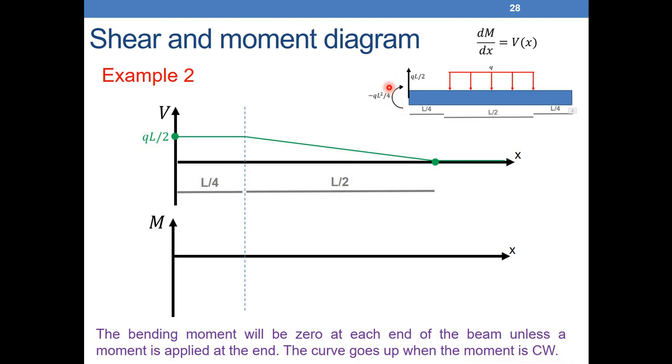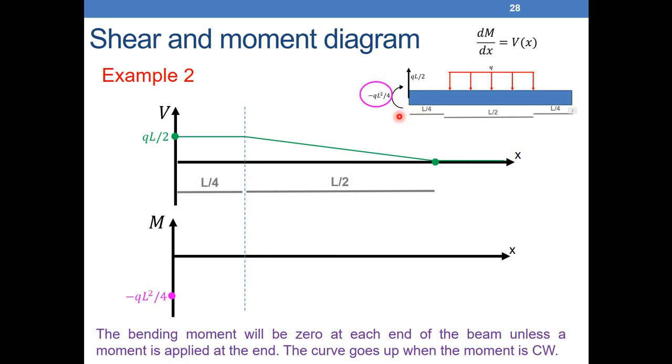That means that if the moment here is clockwise, I put the value as it is. For example, if the moment here is minus QL square over 4 clockwise, I will start by minus QL square over 4. Let's say when you found the reaction force, you chose to take the moment in the counterclockwise direction, so you have QL square over 4 counterclockwise.